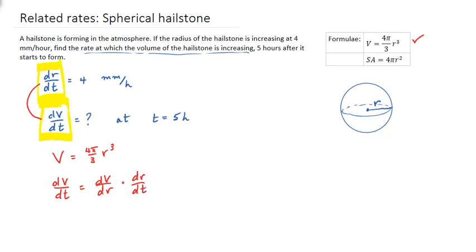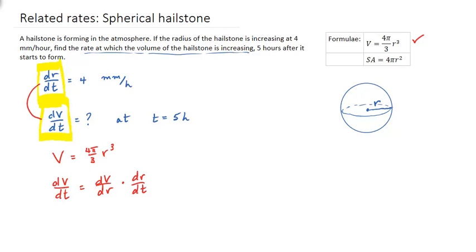In your head, you can think that that works because the dr's cancel, leaving dV by dt, but remember that in reality you can't cancel the dr's. These are not actually fractions. They are rates of change. So you can't cancel numerator with denominator here. But it's a handy memory aid.